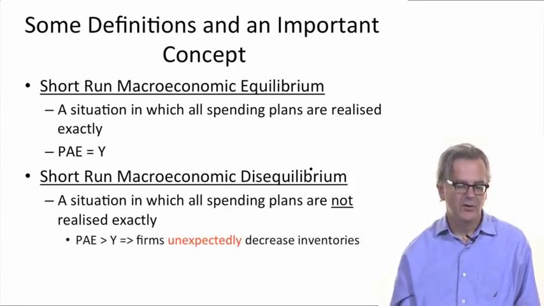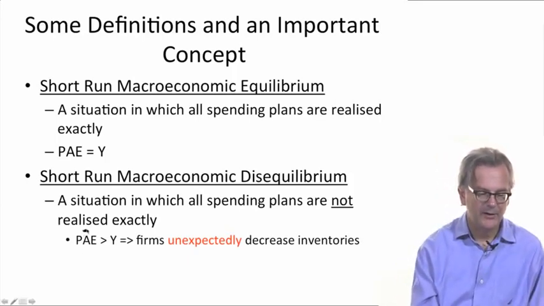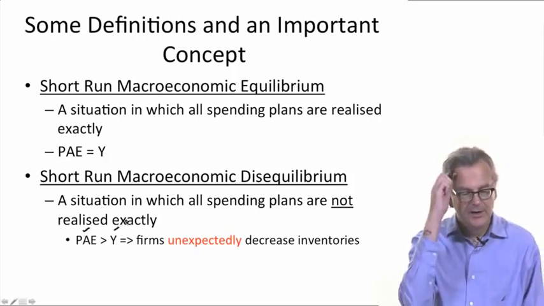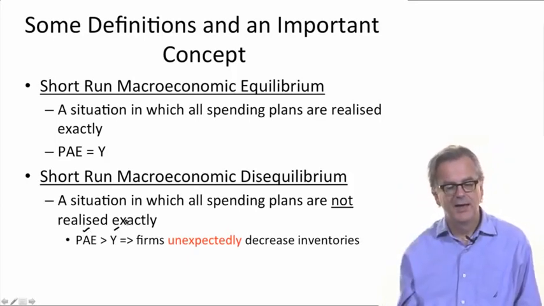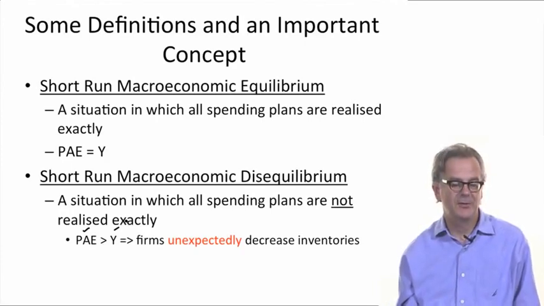For example, you can think of a situation where the economy's planned aggregate expenditure over this time period exceeds actual expenditure. Now remember that actual expenditure, GDP, is the same as actual production or actual income. And that's what we know from the definition of GDP.